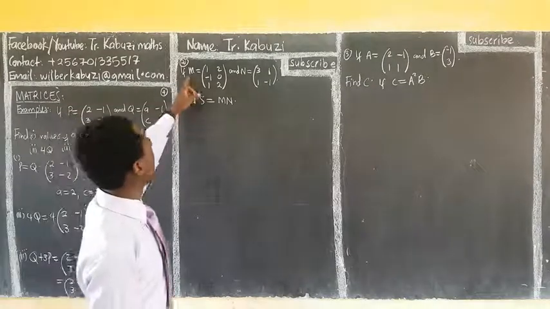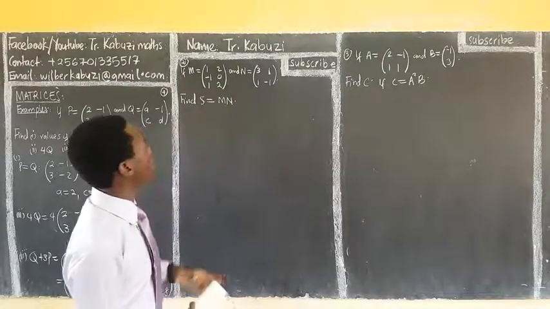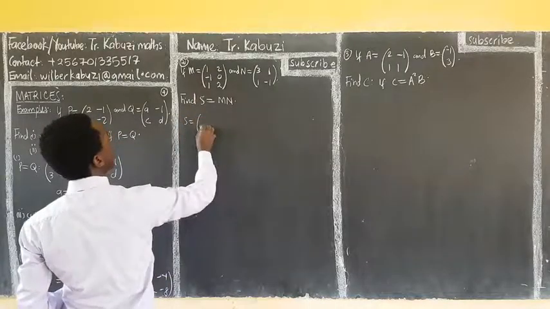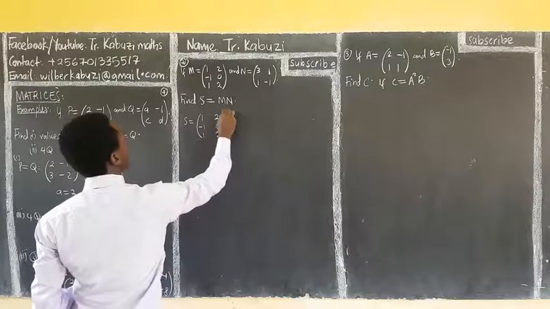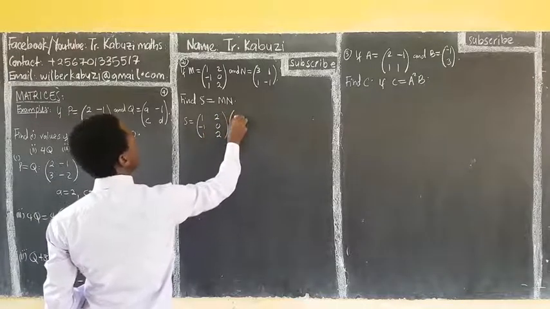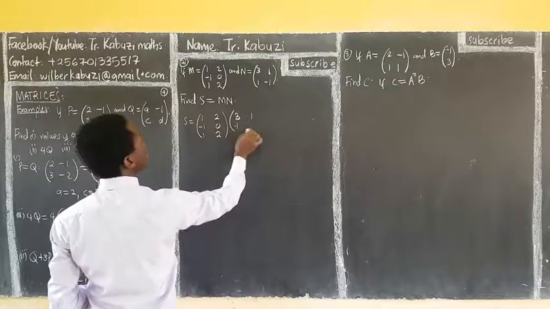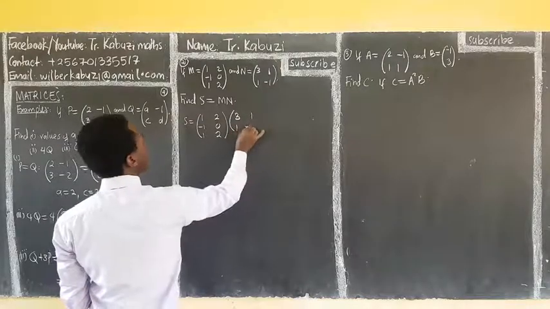When I come to this, given that N is this and M is this, find S which is equal to this. So now my S will be N, which is 1, 2, then multiplying 3, 1, 1, negative 1.